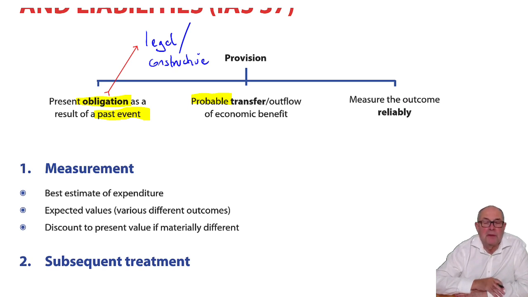On the assumption that the payment is probable and that I'm able to measure what's happening reliably, so the amount I'm paying reliably, I should then set up a provision. In most cases, the double entry for setting up the provision would be to debit P&L, credit provision, reducing profit, and increasing liabilities.